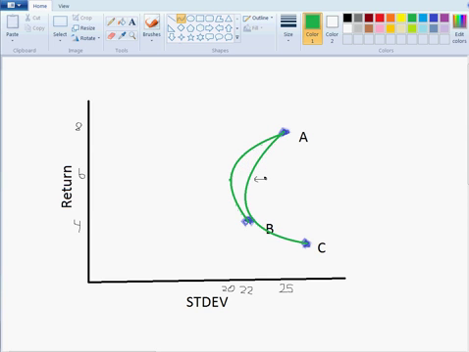Okay, now notice we still wouldn't buy any of these, right? Everything on AB is still better than everything on AC. But there's one more thing we can do. We can combine a portfolio in AC with a portfolio mix of AB. So maybe I am combining these two portfolios here. And you know what? Let's do this in a different color. Why are we doing a different color? Because this is a portfolio of portfolios.